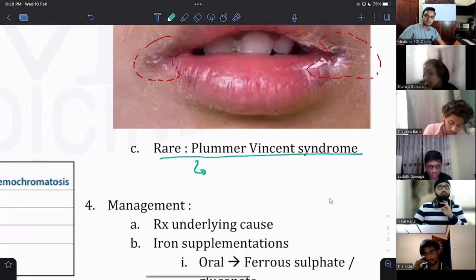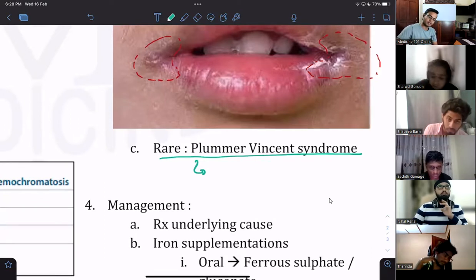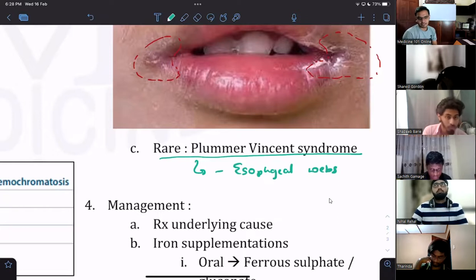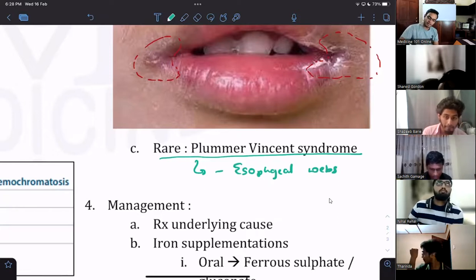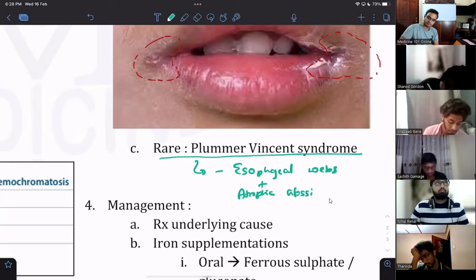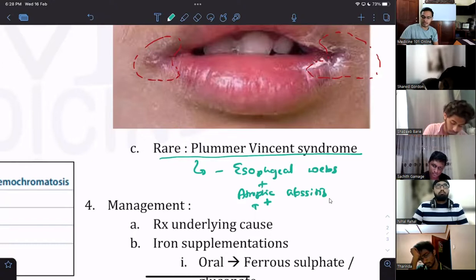What happens, guys, in the esophagus, there are these web formations. We call this esophageal webs, together with atrophic glossitis and iron deficiency or microcytic hypochromic anemia.